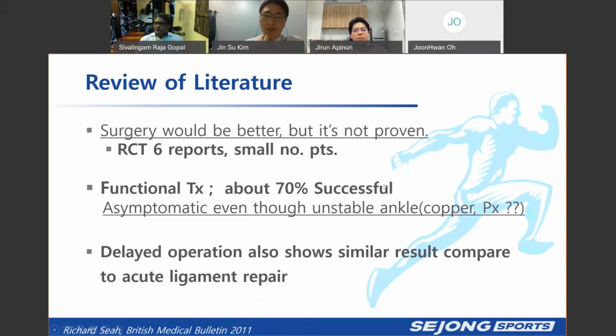But most patients can be well after the functional treatment, including asymptomatic, even with an unstable ankle. We saw this kind of ankle instability called giveaway, but we don't have any data on the long-term prognosis. And delayed operation also showed a similar result compared to acute ligament repair.